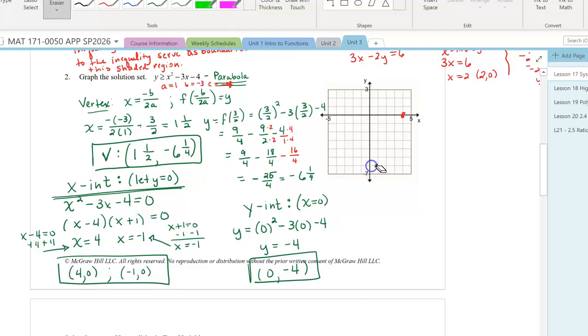And I'm sorry, this one is not right. It's 1 1/2, negative 6 1/4, which would be right here. And then finally I have 0, negative 4, and I can reflect that here.